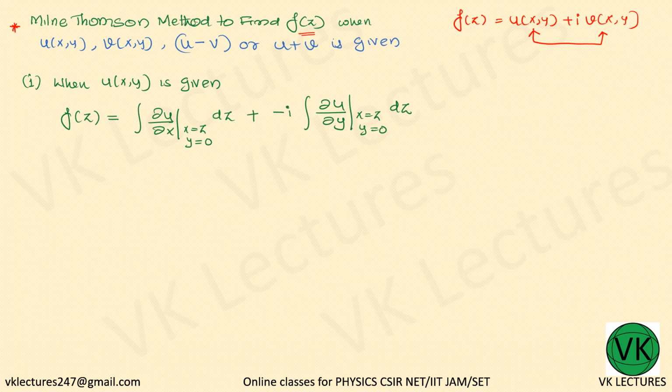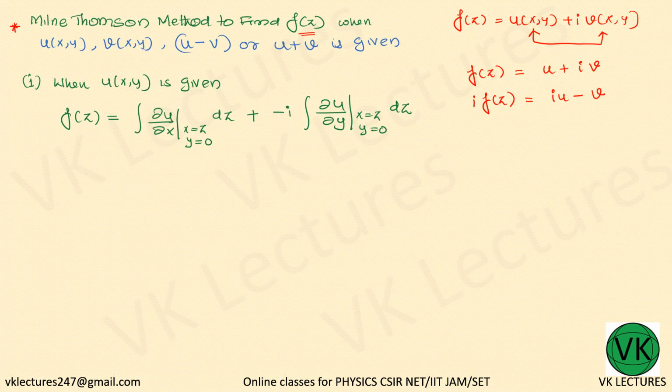Now in general we can write f of z is equal to u plus i times v, which means i times f of z will be equal to iu minus v.